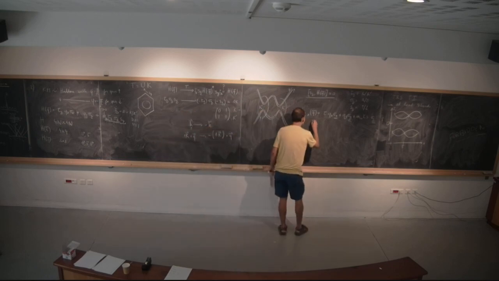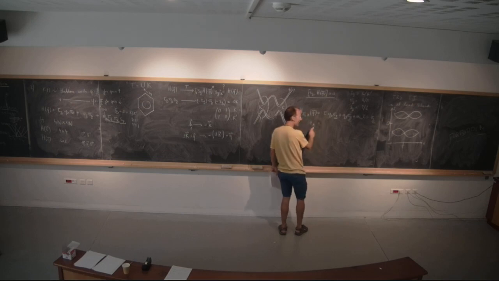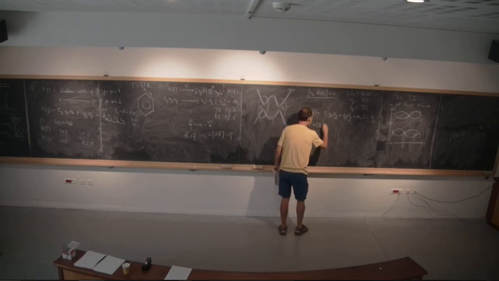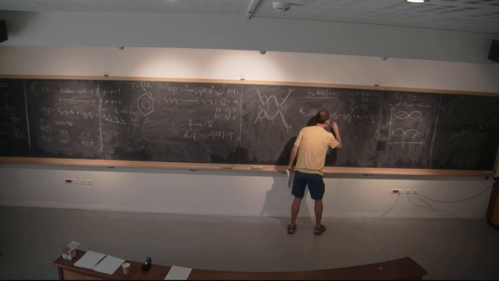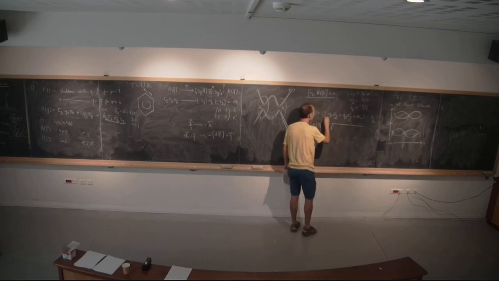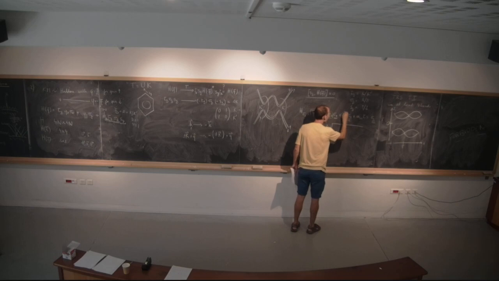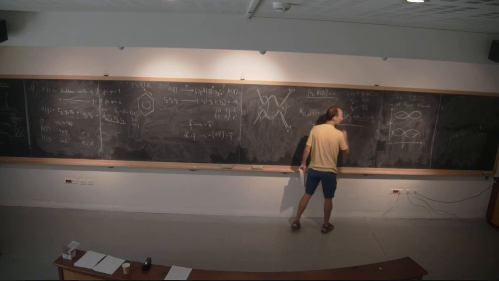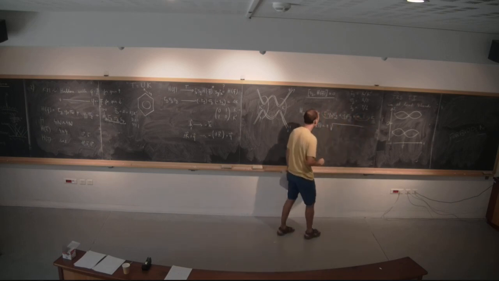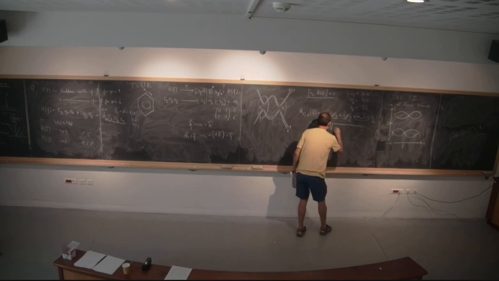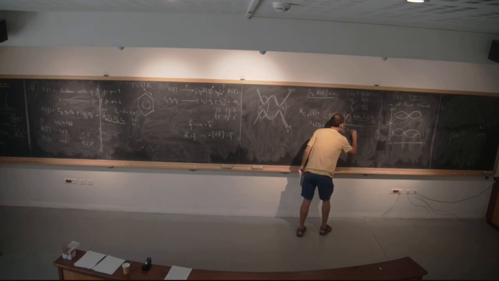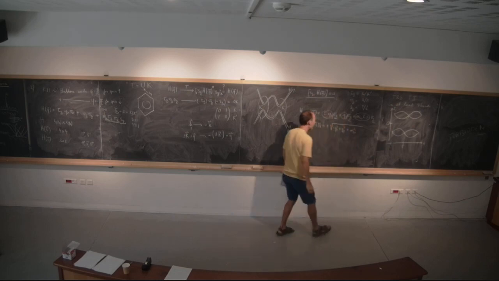So the energy spectrum here is plus or minus a function of q. This plus or minus turns out to be the band index. And now this is plus minus the square root of this term squared plus this term squared plus this term squared, as usual for 2D Hamiltonians. So this is qx squared plus qy squared plus m spin-orbit squared.